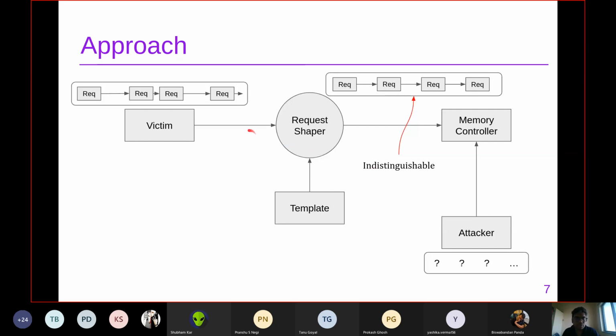So here we require two things. We require some representation of memory access patterns so that we can input the victim's pattern and also output an indistinguishable pattern. And we also need a predefined set of patterns which are safe, which could be used as hints for the request shaper.